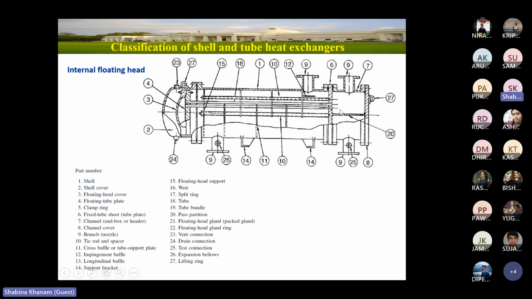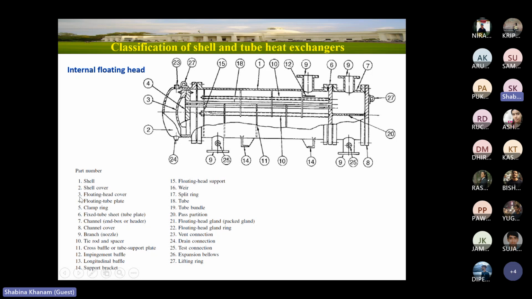If you consider this tube sheet, another part of the tube sheet is this, and the tubes are inserted in this tube sheet as well as in this tube sheet. This we call the floating head cover.